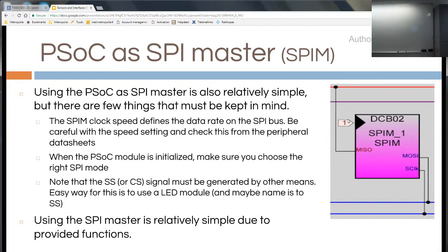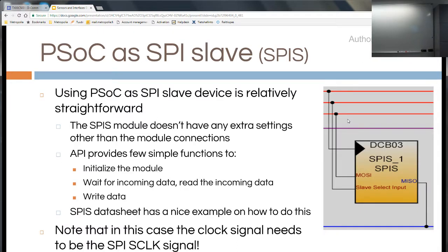So you can easily make this PSoC an SPI slave, meaning that, for example, if I2C is not fast enough for you, then use SPI to transfer the data from the PSoC to, for example, a Raspberry Pi or some other device which doesn't have a good A to D converter.